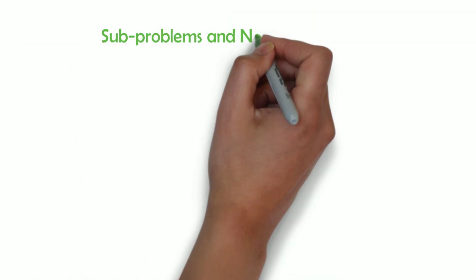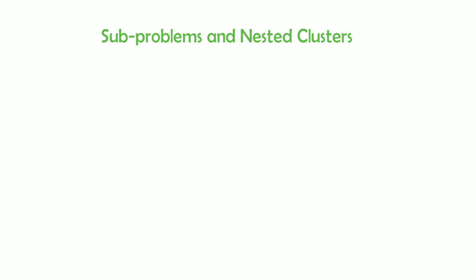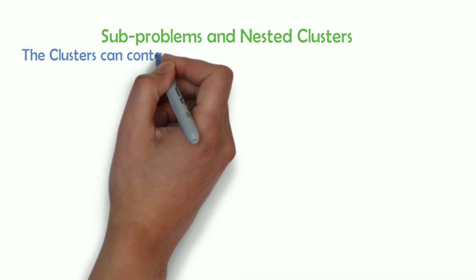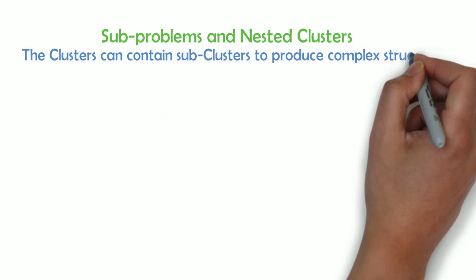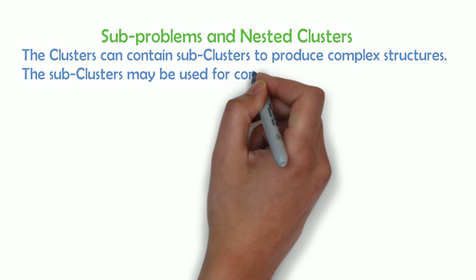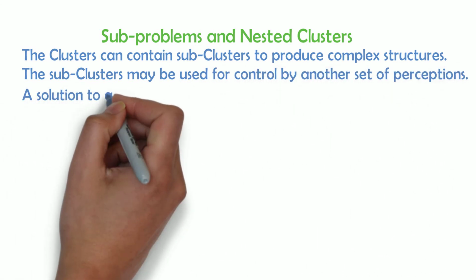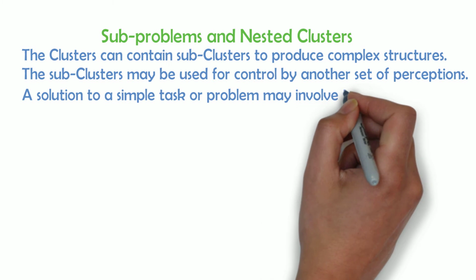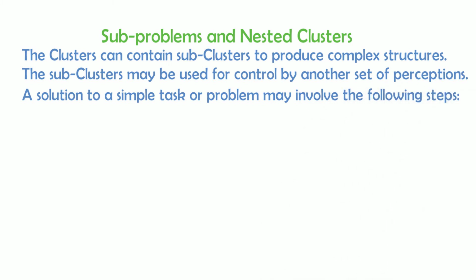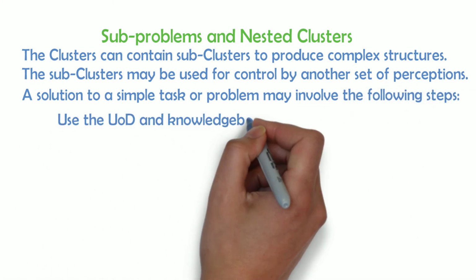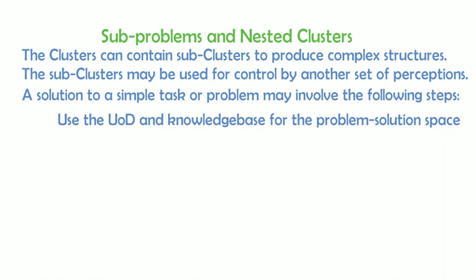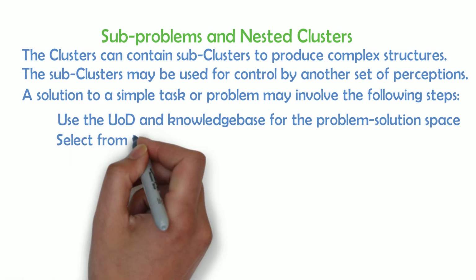Subproblems and nested clusters. The clusters can contain subclusters to produce complex structures. The subclusters may be used for control by another set of perceptions. A solution to a simple task or problem may involve the following steps. Use the UOD and knowledge base for the problem solution space. Select from the available objects and strategies.